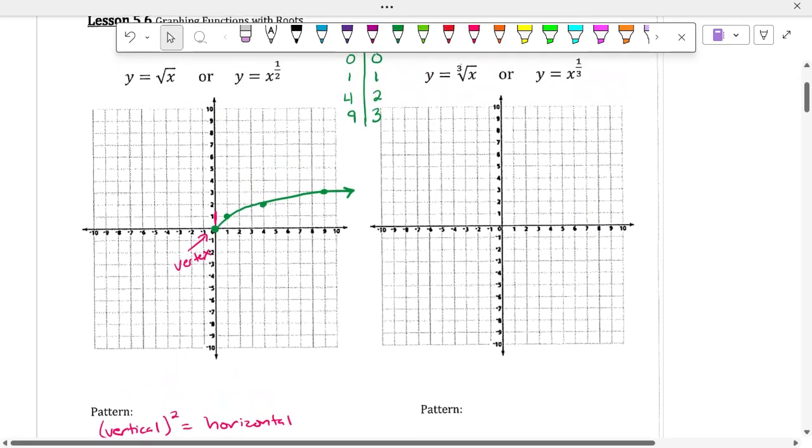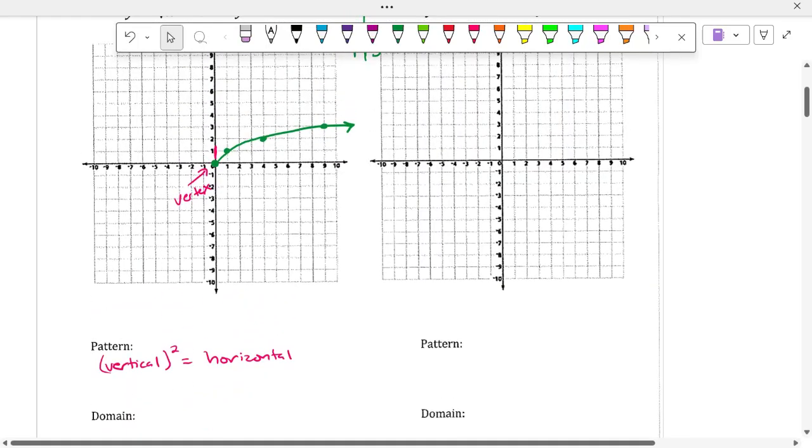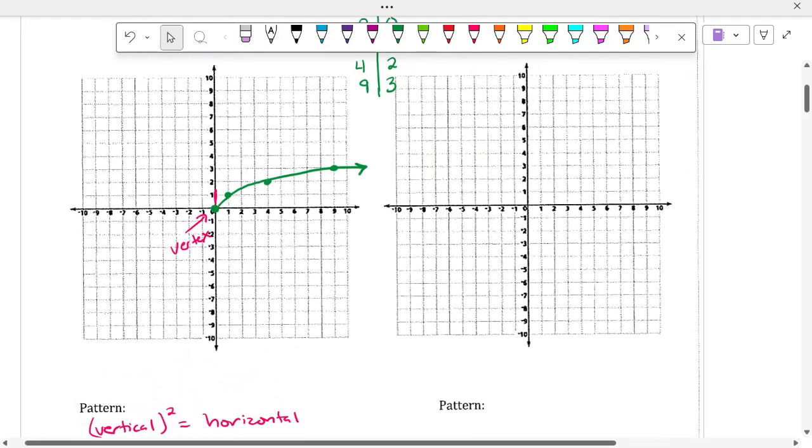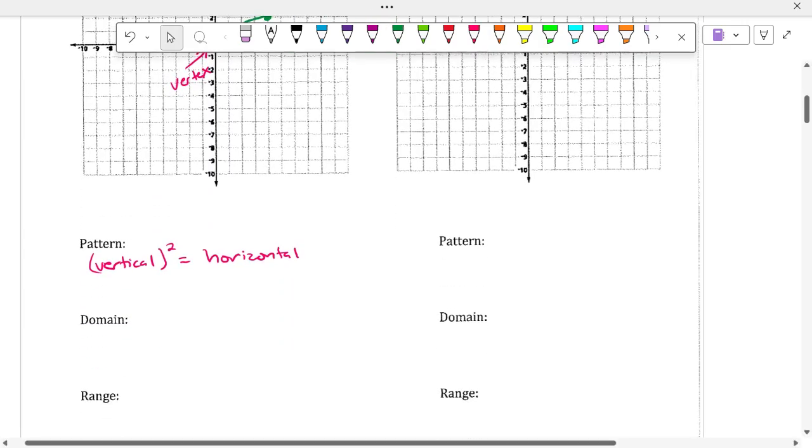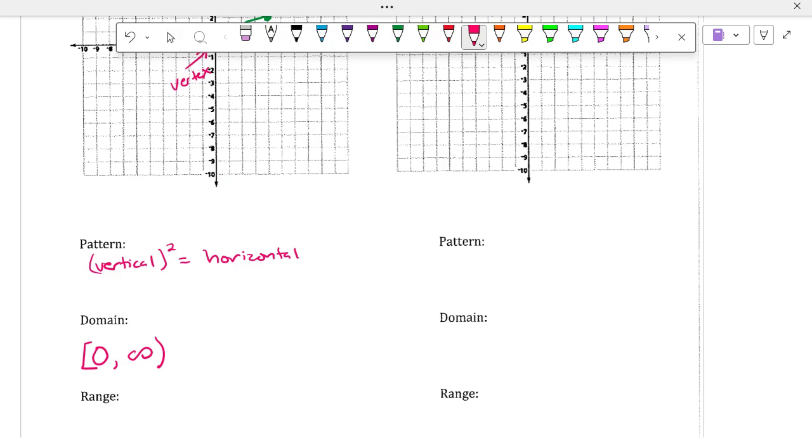Now, what do you think the domain of my graph is? So the domain, what's my lowest x value? 0. And where does it go to? Infinity. It goes on forever to the right.